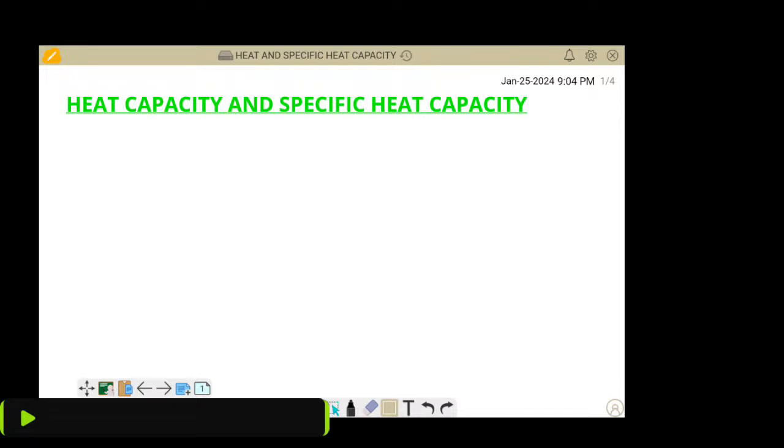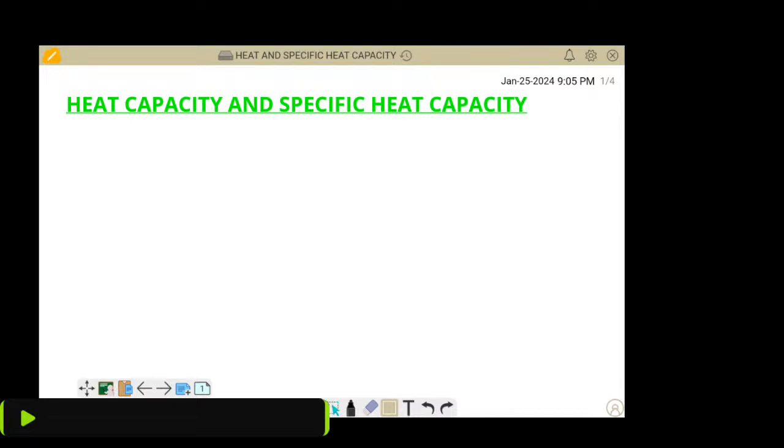To start with, we all know that heat energy is the energy that is transferred from a hot object to a cold object, and we can as well refer to it as the total energy of a body or an object.